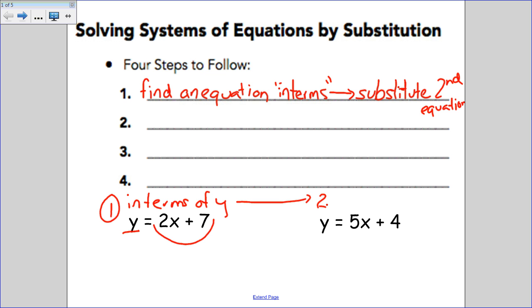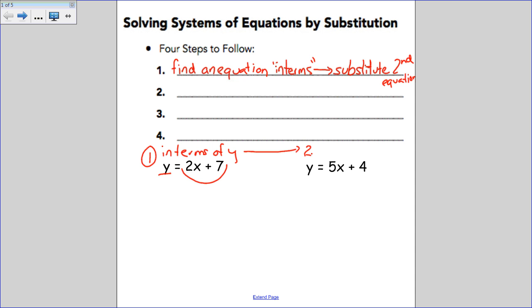In this case, I could do it either way because both of my equations are already set up in terms of a variable, which is y. Sometimes you might only have one that is set up in terms of a variable, and you might be more inclined to use that one to substitute.